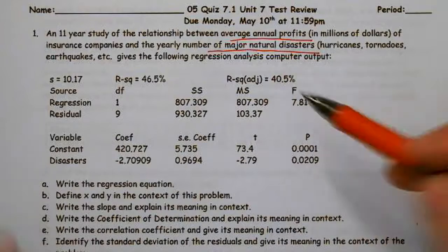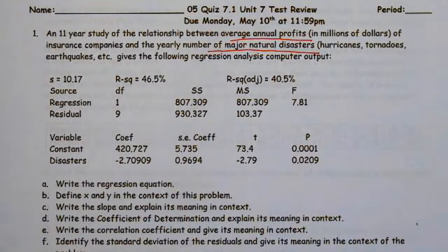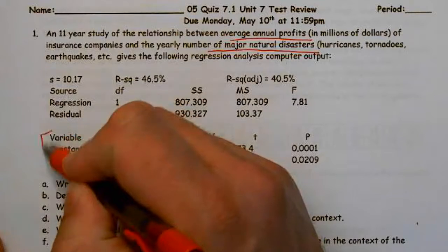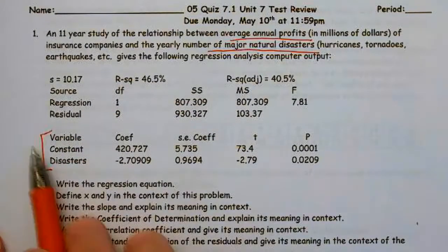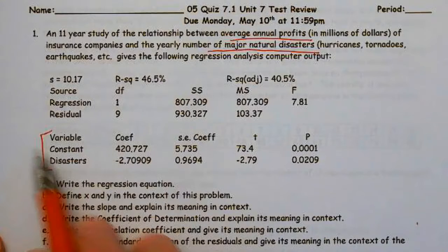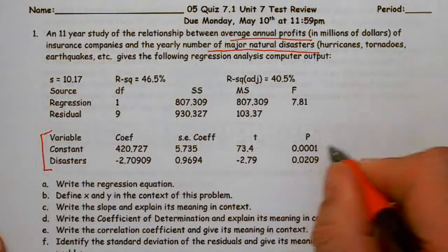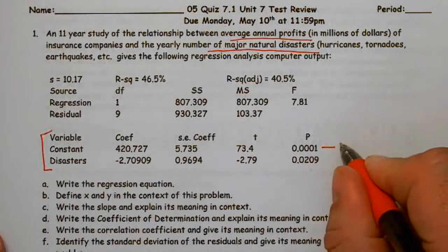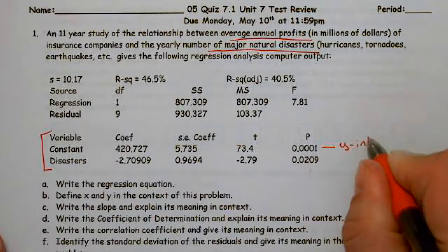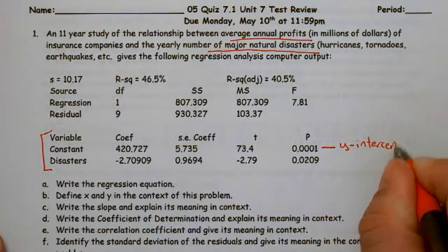So we have a computer printout and we'll have one on the test, and they can be different, but the one thing you should be able to find is something that says variables, or at least says the word constant. This is where we're going to focus. And by the way, if you see the word constant, that row tells me that entire row has to do with the Y-intercept. Very important to know that.